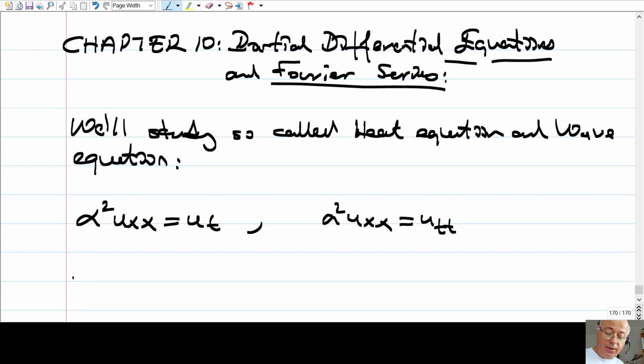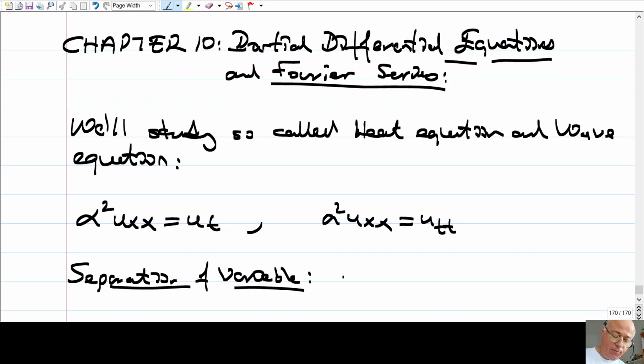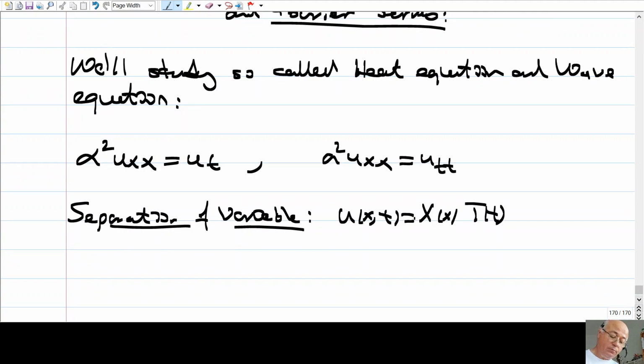It means basically you assume your solutions have the form u(x,t) has the form of a product of two functions. One function is a function of x, the other one is a function of t. This is what we understand from separation of variables.